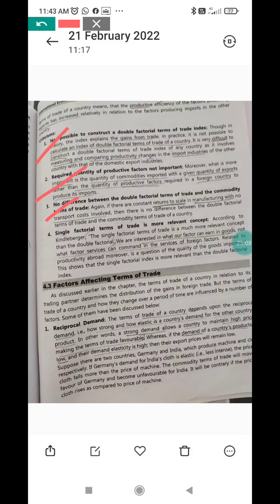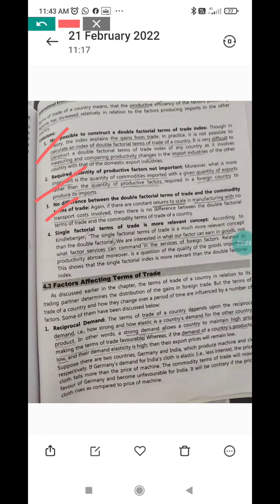That is, if your input is 100%, then your output should also be 100%. Okay, so if the input is 100 and output is 40, 50, then the terms of trade is deteriorated. So returns to scale, that is the meaning.